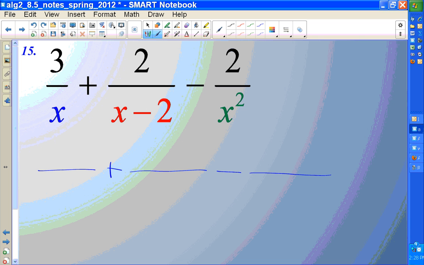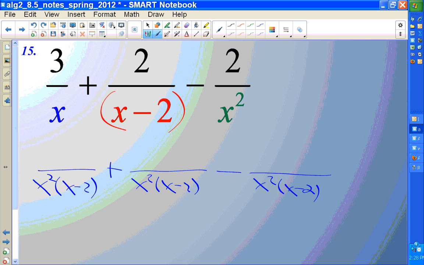First thing that I usually do is parentheses around anything that's not a monomial. So your LCD has to have x's and x minus 2. X squared, because the power on this x is bigger than this x. So we have x squared, x minus 2.